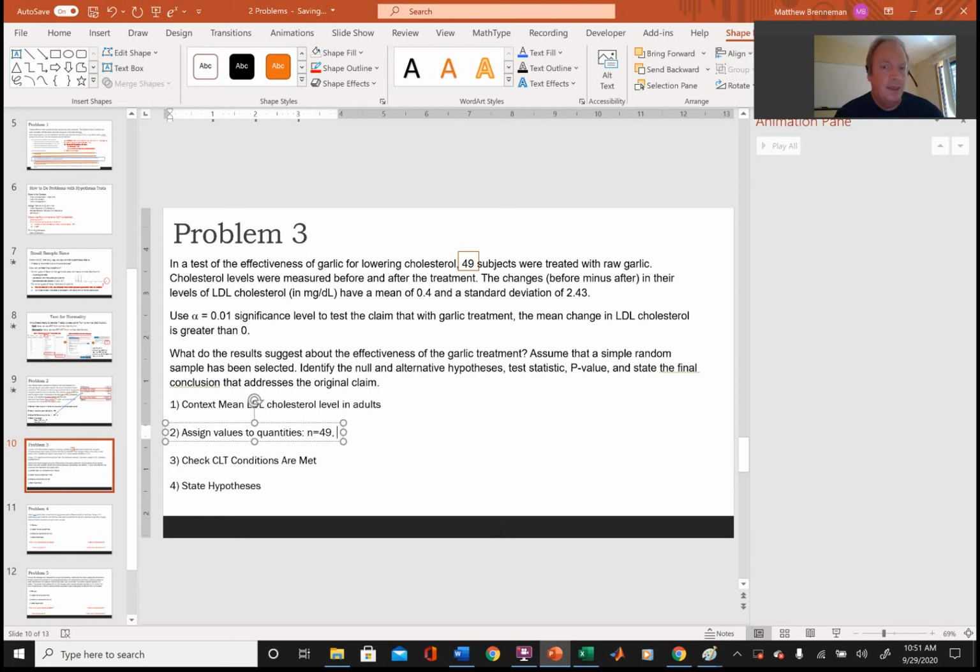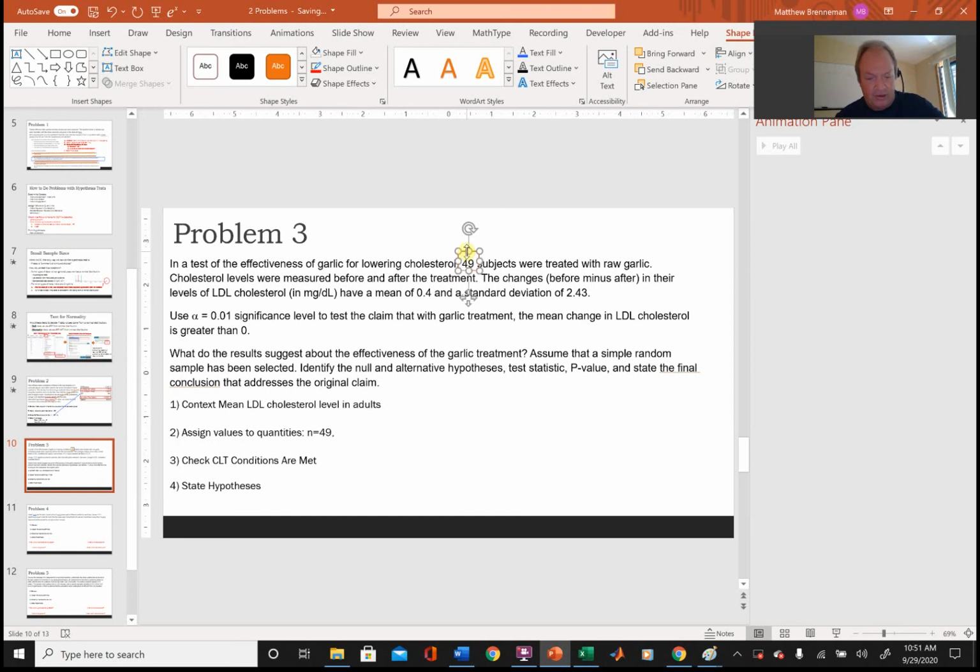All right. We're given a mean and a standard deviation, right? So we have a mean of 0.4 and a standard deviation of 2.43. And we have to figure out which mean are we talking about. Is this a population mean or is this a sample mean? Is this mu or is this x bar? So we have to look. What is this the mean of?